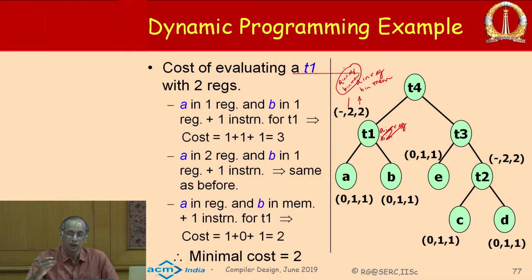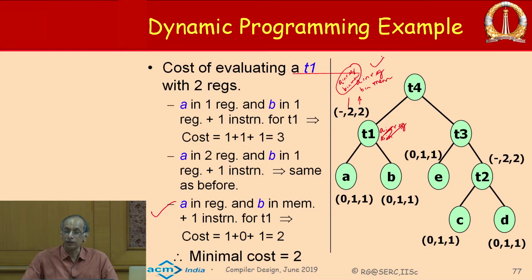Every time you store the minimum cost, you say which pattern has caused this minimum cost. In this case, the pattern which has caused this minimum cost is this one, right. Therefore, you save that information over here. Make sense? All right.